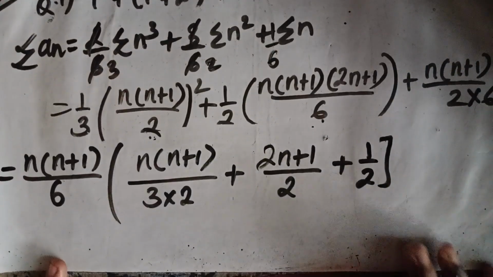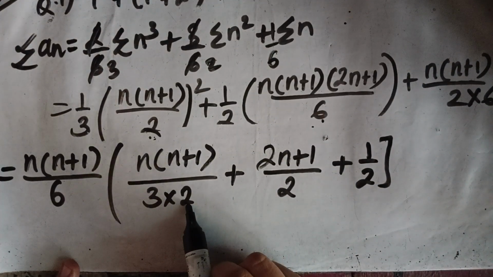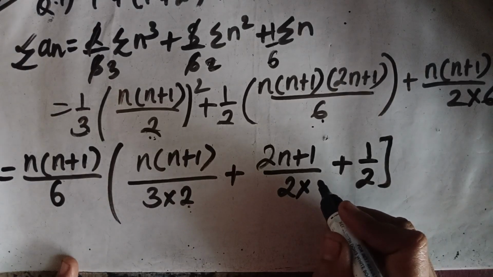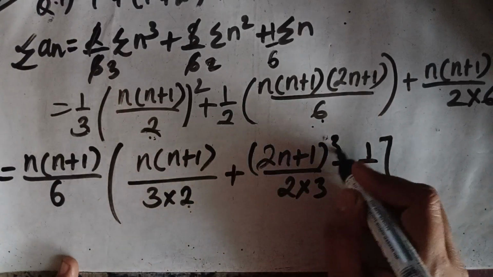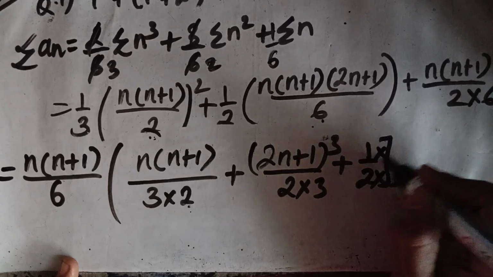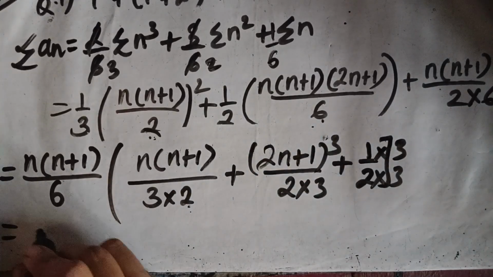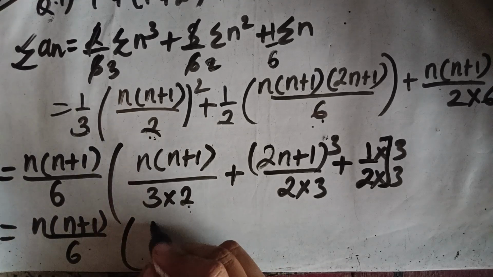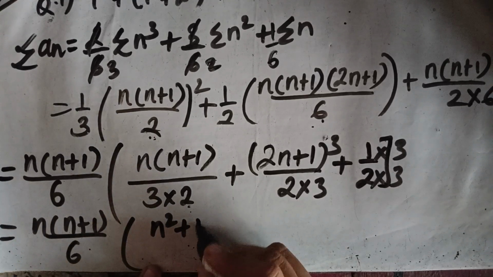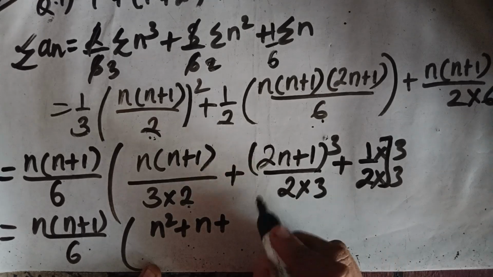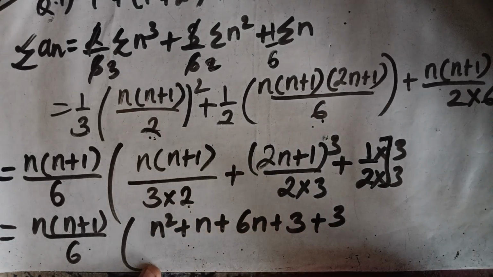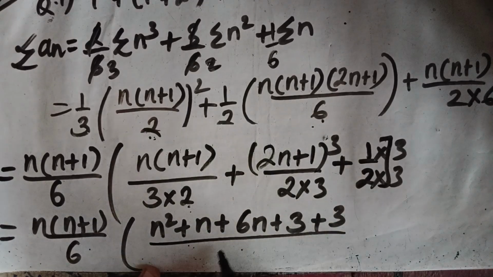Okay. Now we have to make it 6. So 2 threes are 6. This is n square plus n plus 6n plus 3 plus 3 upon 6.